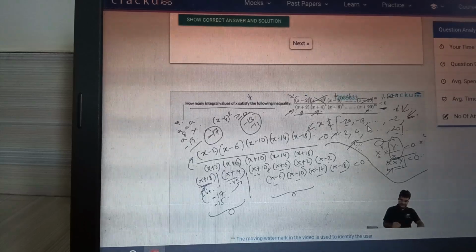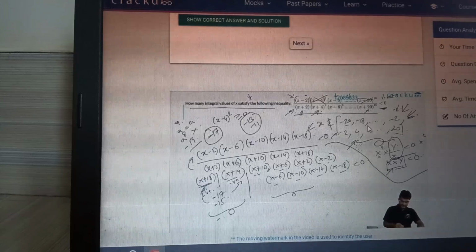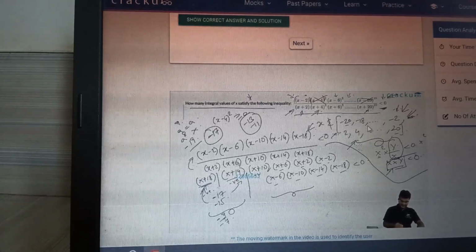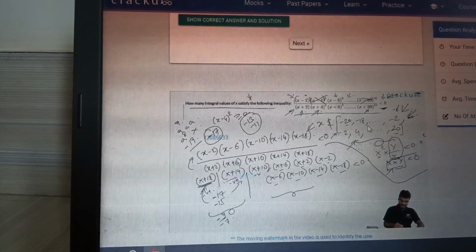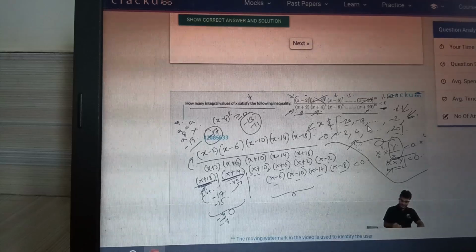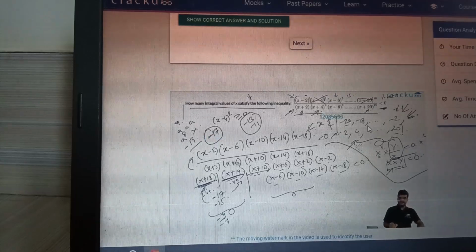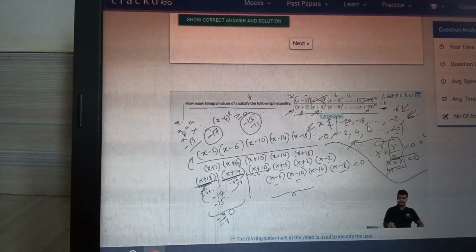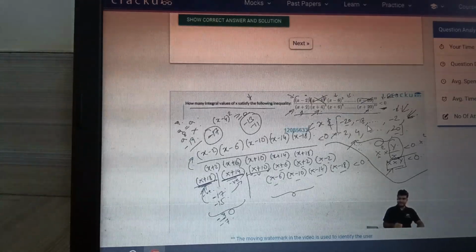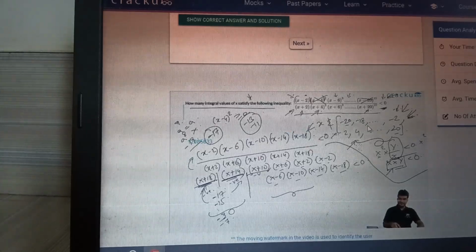But between minus 10 and minus 6, again we can find 2 numbers, that is minus 9 and minus 7. So if the number is minus 9, we'll have 3 numbers which will be positive, that is x plus 18, x plus 14 and x plus 10, and 7 numbers which will be negative. So the product of 7 negative numbers will be negative. So again minus 17, minus 15, minus 9 and minus 7, the overall product will be negative.